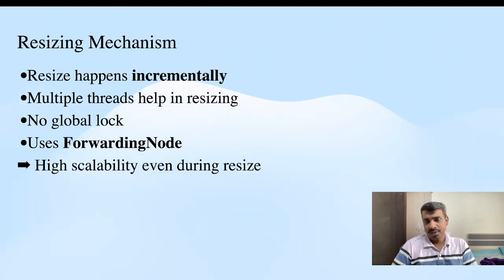The resizing mechanism I already explained before. It happens incrementally. Multiple threads help in resizing. No global lock, it uses a forwarding node, giving high scalability even during resize. It's a linked list plus an array of bins.